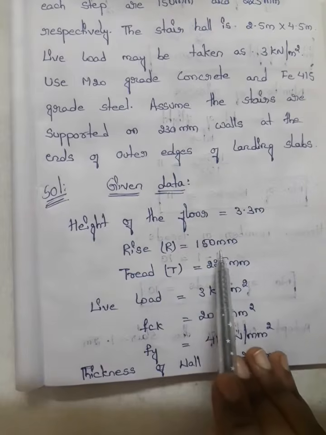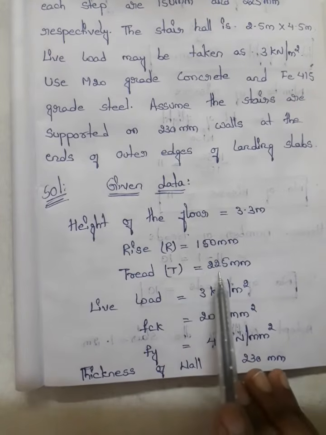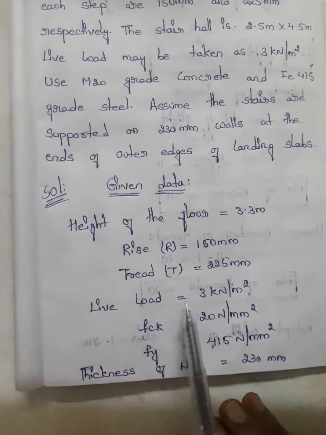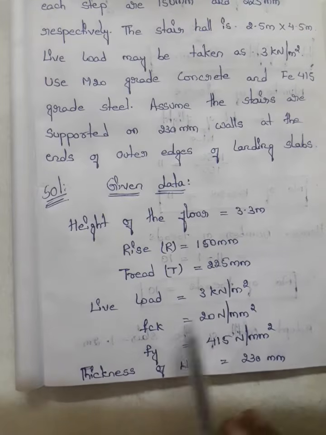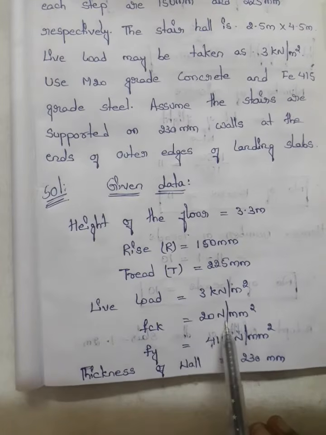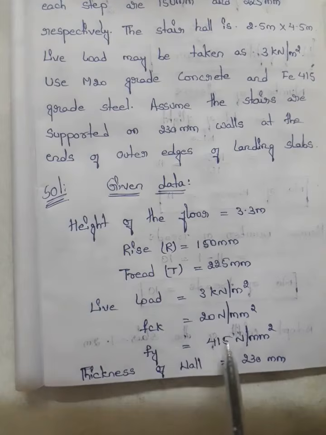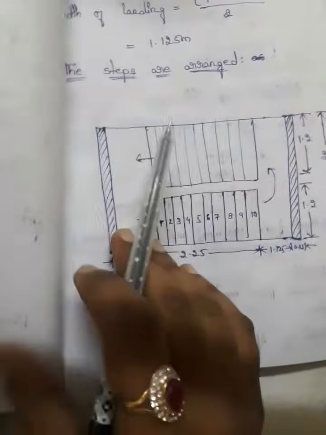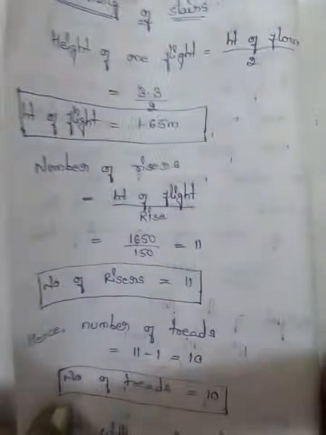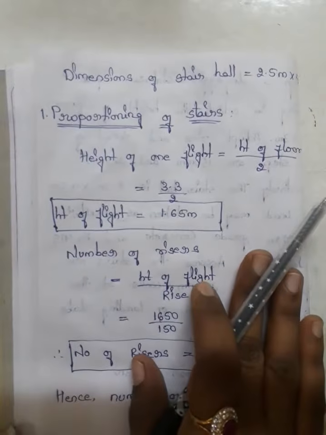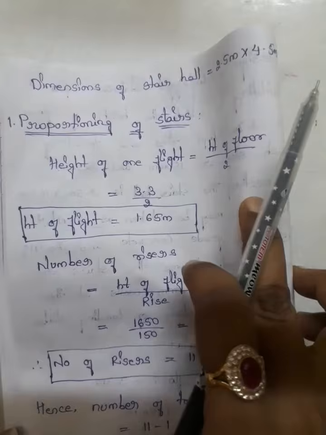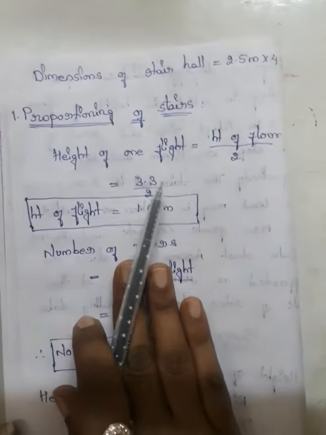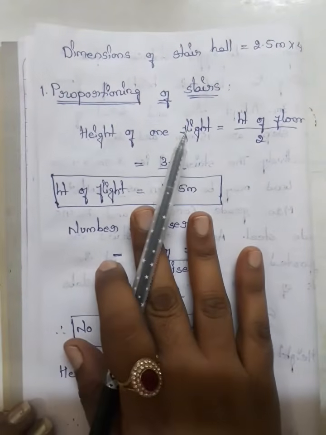Rise R is equal to 150 mm and tread T is equal to 225 mm, and live load is equal to 3 kilonewton per meter square, and fck is 20 newton per mm square, and fy is 415 newton per mm square, and thickness of the wall is 230 mm, and the dimensions of this stair hall are 2.5 meters by 4.5 meters. So this is given.